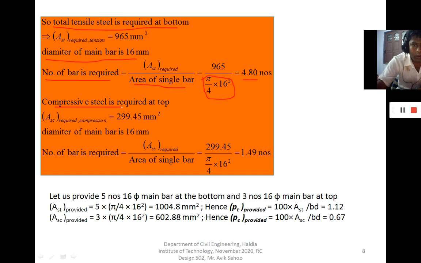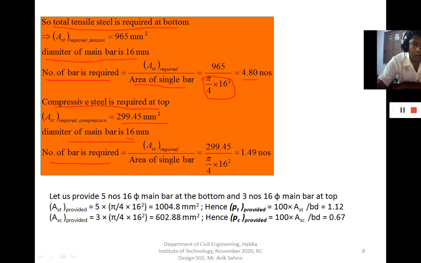Similarly, the compressive steel required at top is 299.45 millimeter square. Diameter of main bar: for tension and for compression on both sides, we use the same main bar, the same diameter, so the diameter of the main bar is 16 mm.